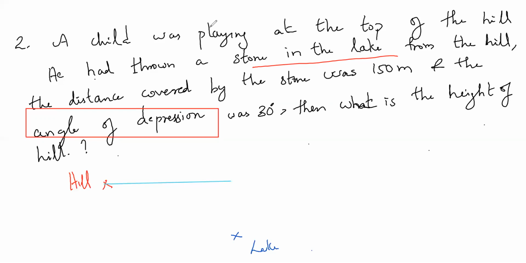Now read this question very clearly. A child was playing at the top of the hill. Here the child was playing. He had thrown a stone in the lake from the hill. The distance covered by the stone was 150 meter. So then we have to join this hill and the lake, because the distance is 150 meter, which is given.